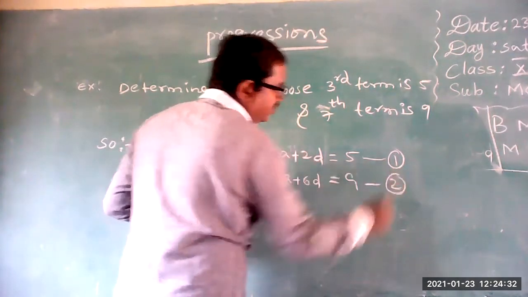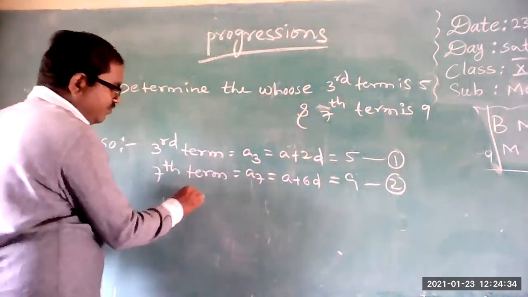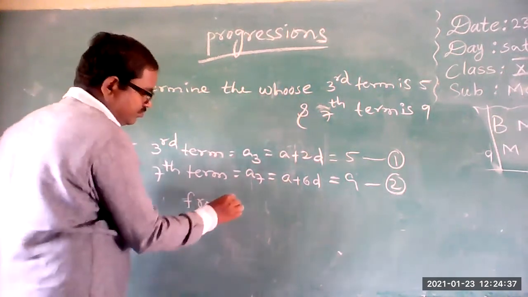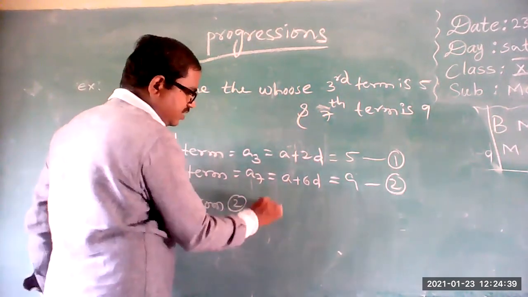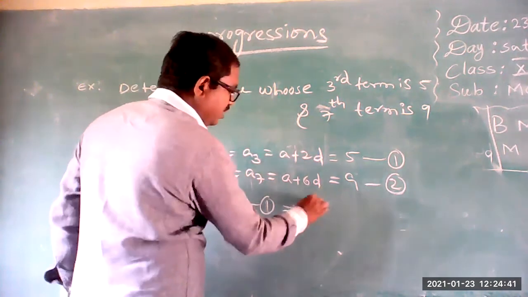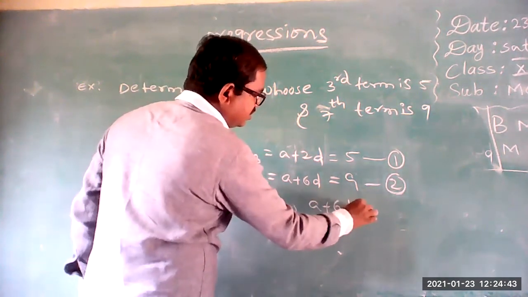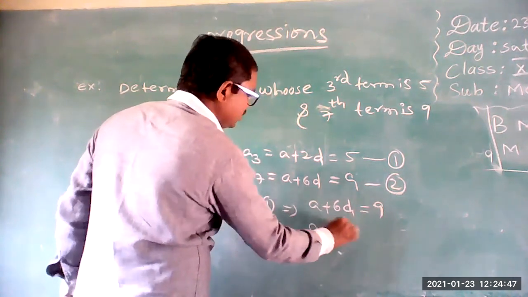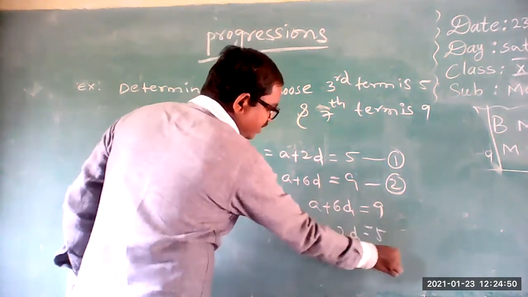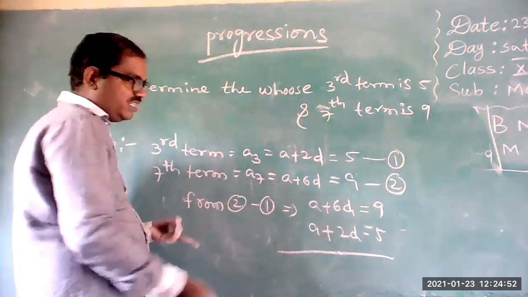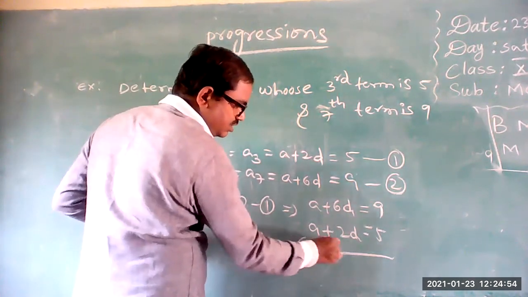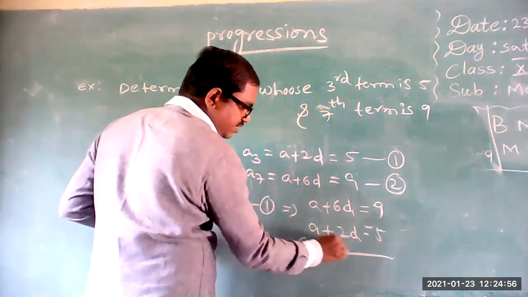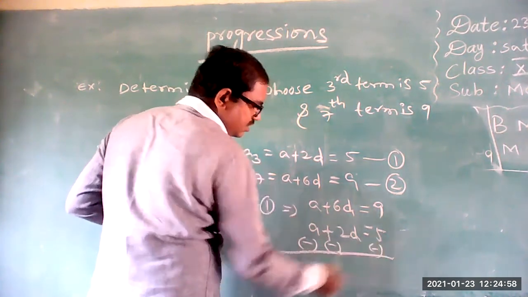This is the second equation. From equation 2 minus equation 1: A plus 6D is equal to 9, and A plus 2D is equal to 5. When subtracting, the signs of the second equation change.